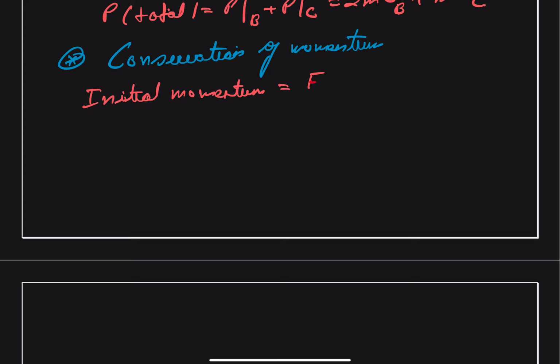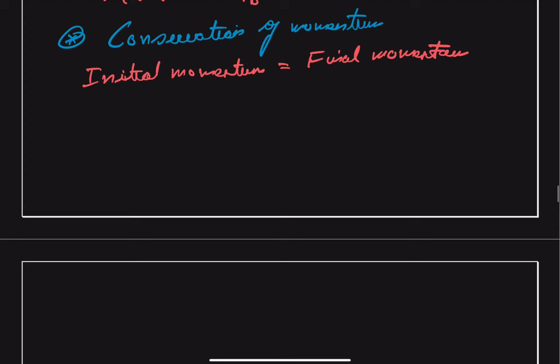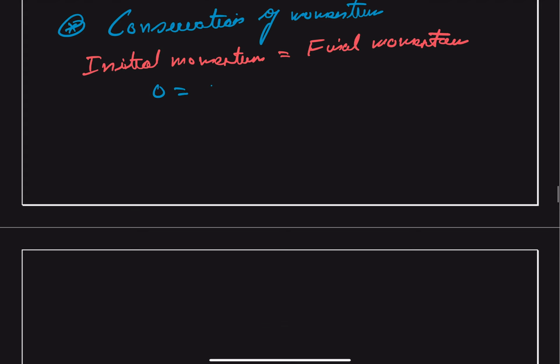Initial we know is 0, so 0 will be equal to 2mVb plus mVc, and from here we can say that Vb will be equal to minus Vc by 2.